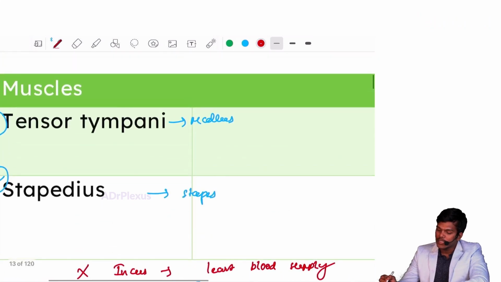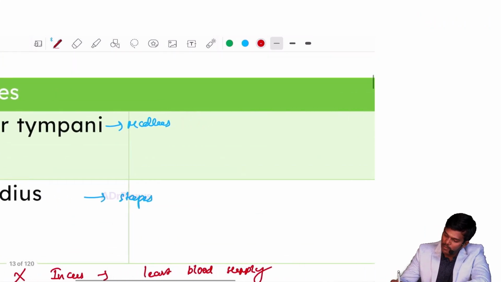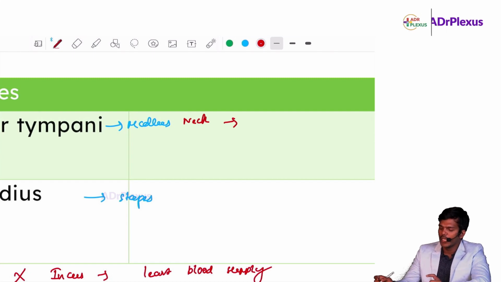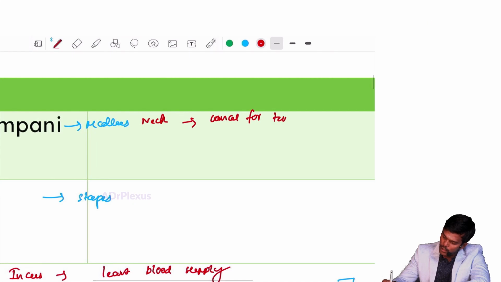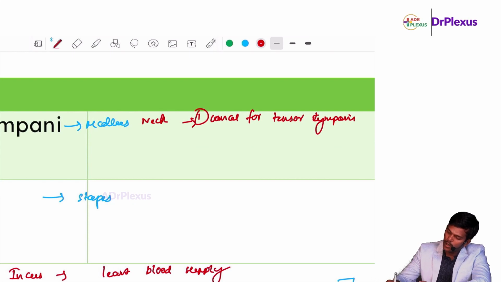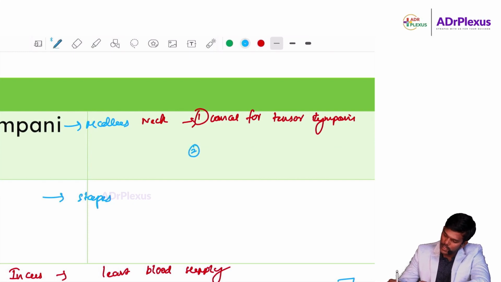Okay, now tensor tympani muscle originates from the neck of the malleus. Okay, it has also attachment from the canal for tensor tympani on the anterior wall and processus cochleariformis on the medial wall.